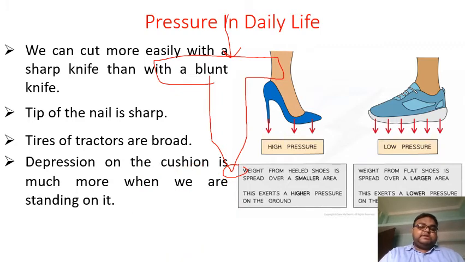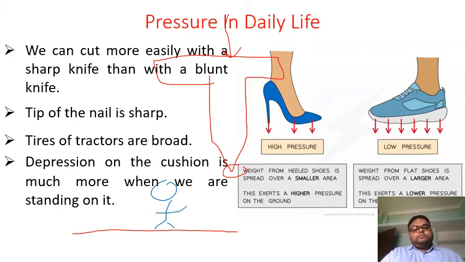Okay, students? Now suppose this is a cushion, and this is you. You are standing on this cushion, right? Now you will observe that the cushion bends to this extent, right? But suppose you are no longer standing on the cushion, you are lying flat down.